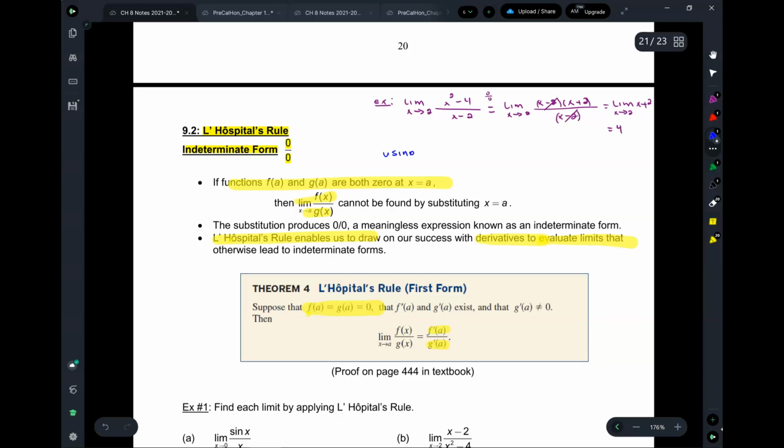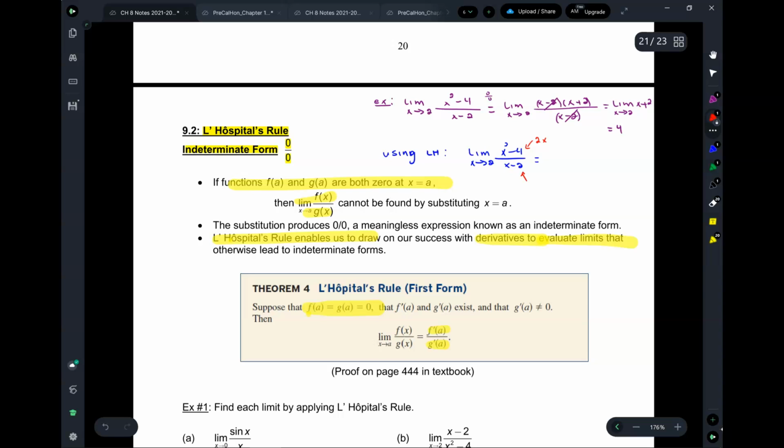But if you wanted to use L'Hopital's rule, we say we need to find the limit as x approaches 2 of x squared minus 4 over x minus 2. What's the derivative of the numerator, just x squared minus 4? 2x.